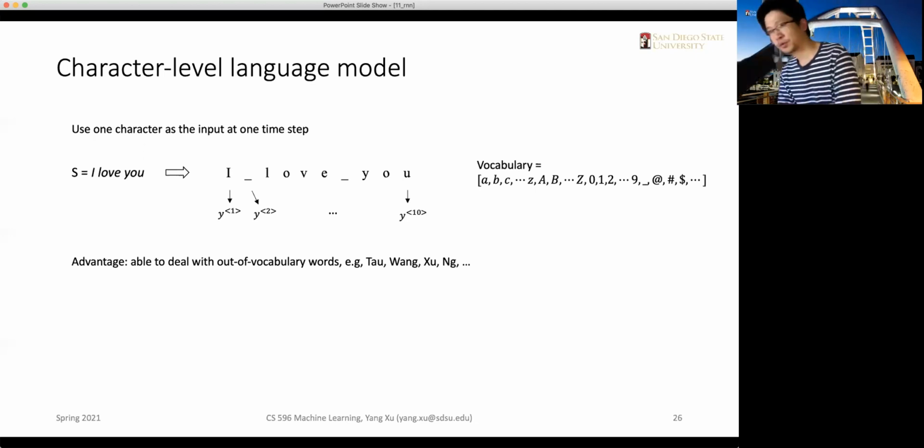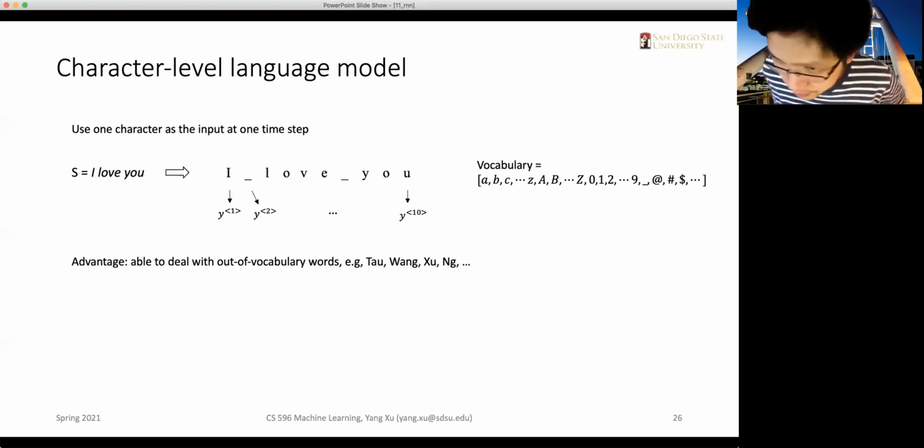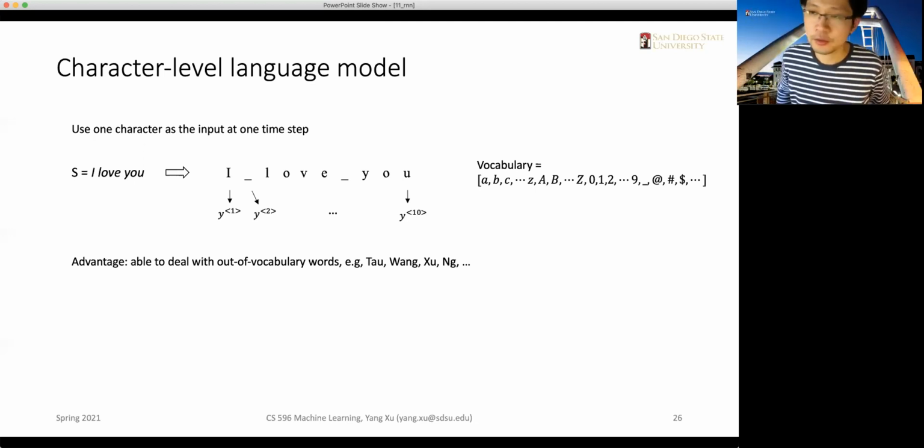If we are going to use a word-based language model, then the model may not be that good at evaluating unseen words, like foreign names in English.